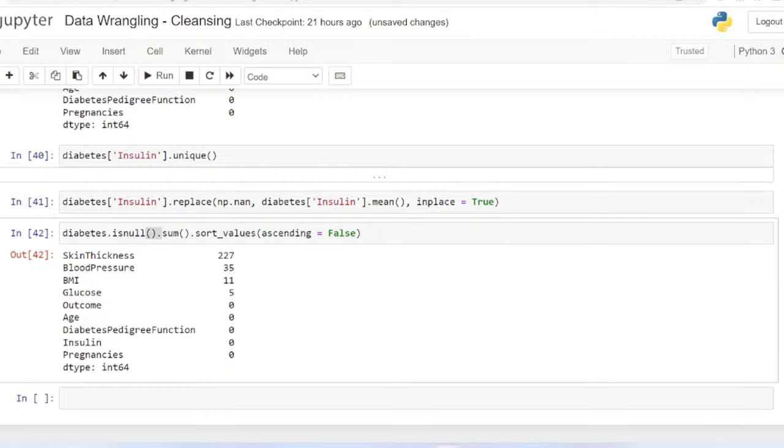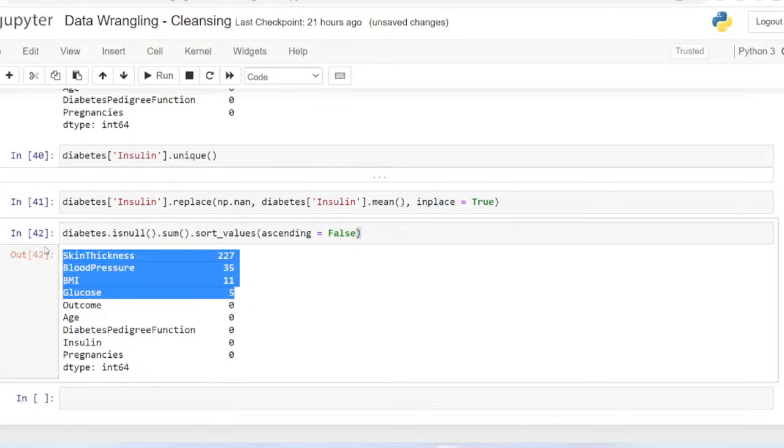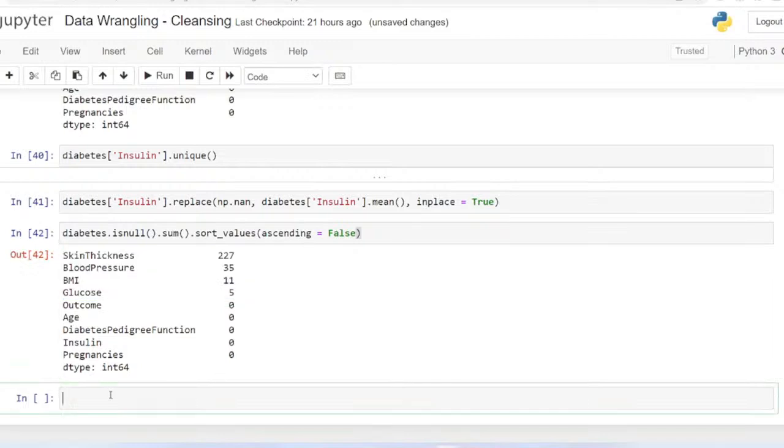In skin thickness, okay, what should be the next strategy? First of all, I'd like to show you the imputation method. In the imputation method, I will take a function from sklearn.impute, import SimpleImputer.